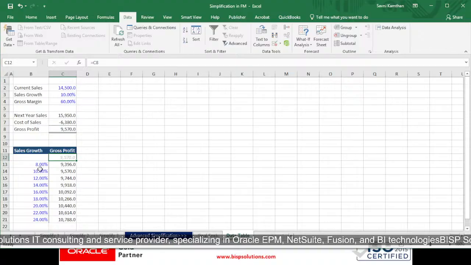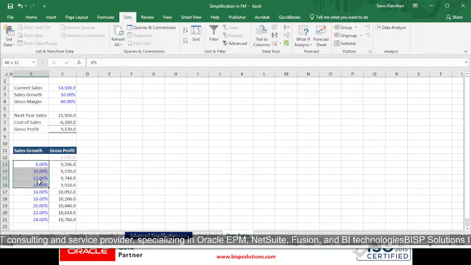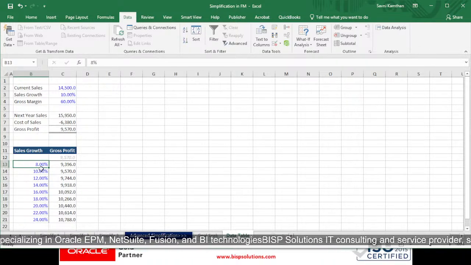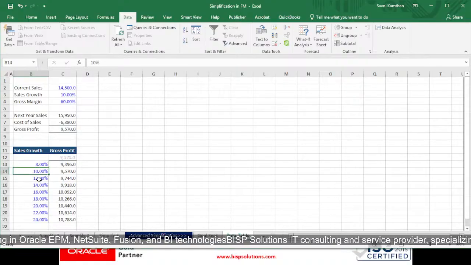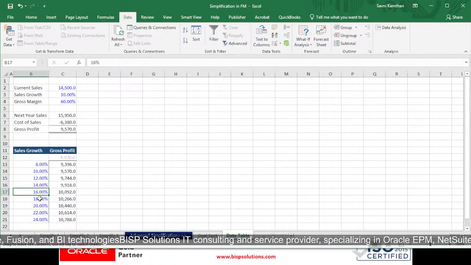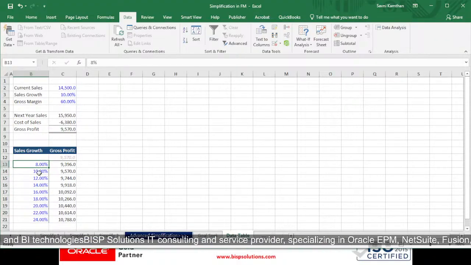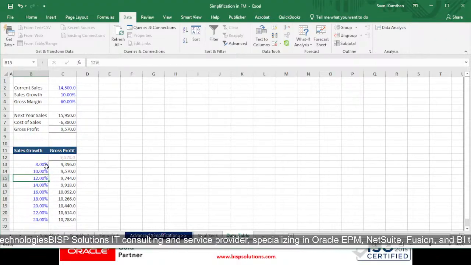In sales growth I have made a table starting from 8%, as I want to calculate different sales growth percentages. I have taken a 2% difference, like 8%, 10%, 12%, like that.